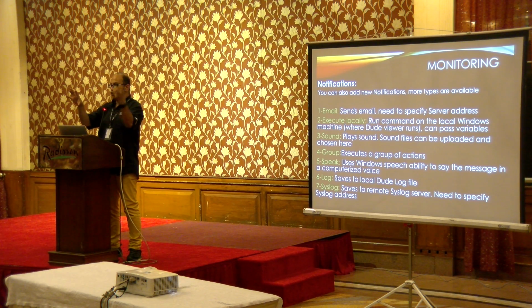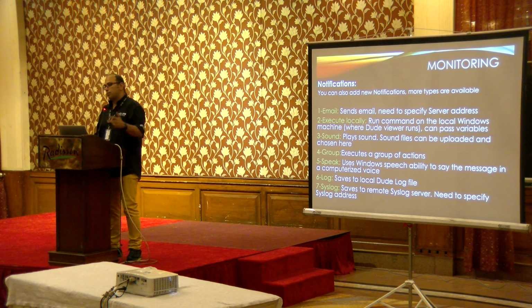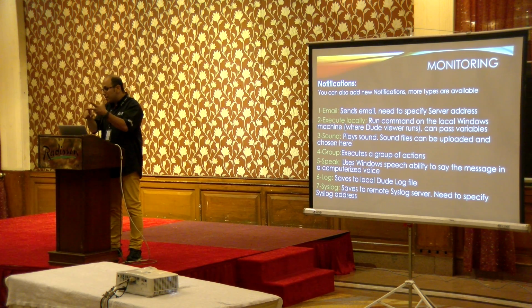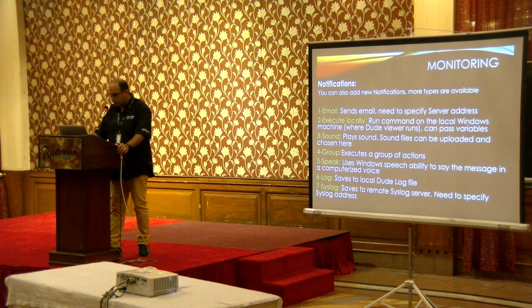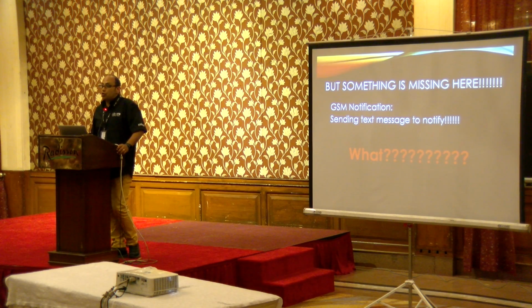Your GSM box should receive information from Dude and send the notification to you. So we need 3 things here: the Dude server, the GSM box, and the API between these 2. So as you can see, it's not easy to make notification. Yes, email notification is easy, buzz or alarm notification is easy, but especially for text messages, it's not easy.